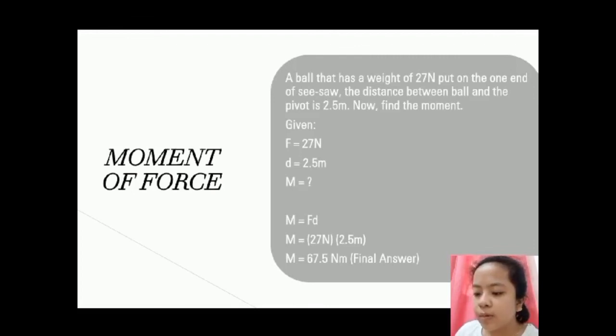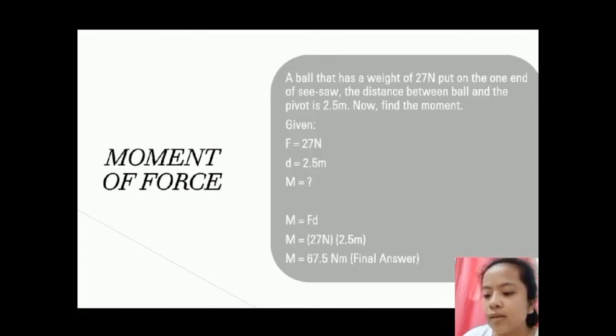D or distance from pivot equals 2.5 meters. M or moment is missing. The formula for moment is M equals F multiplied by D. Next is M equals 27 Newton times 2.5 meter. The final answer is M equals 67.5 Newton meter.